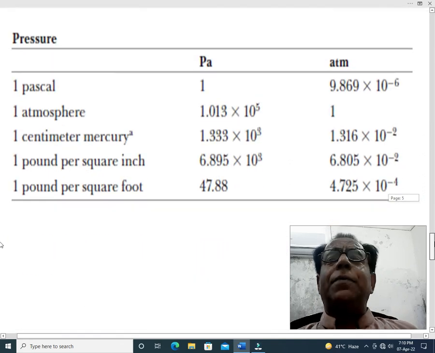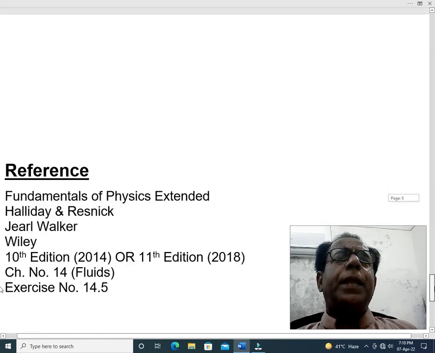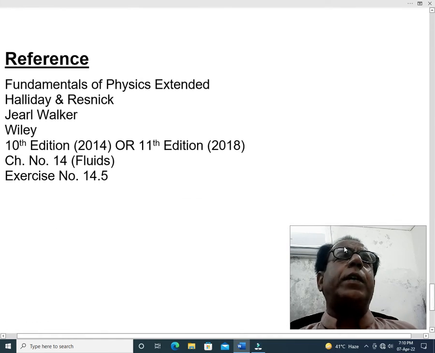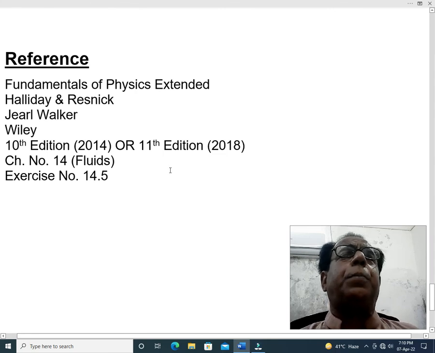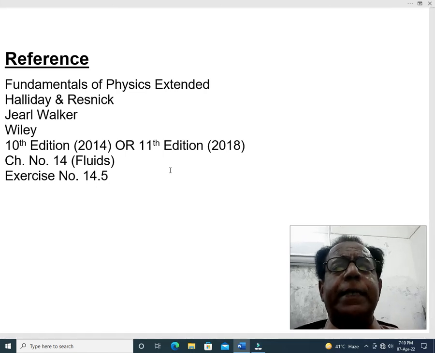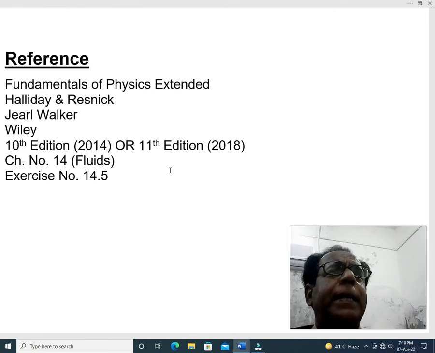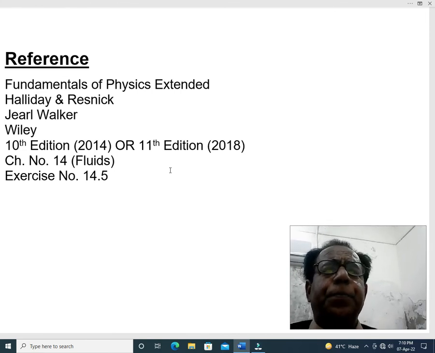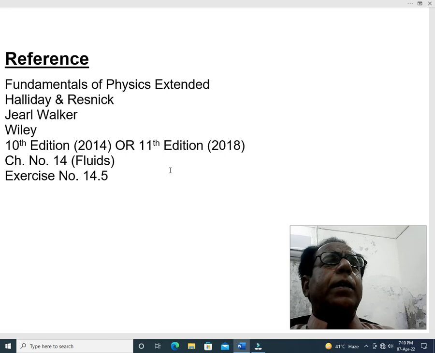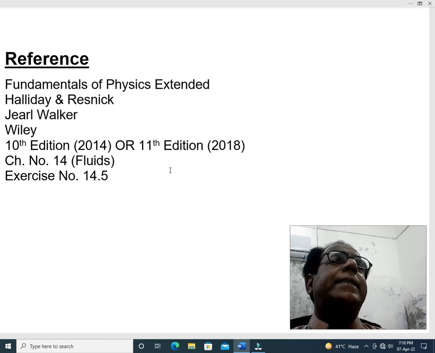This table we have already shown. Now we come towards the reference, the reference book from where this problem has been chosen. The reference book is Fundamentals of Physics Extended. Authors are Halliday and Resnick, and Jearl Walker. Publisher is Wiley.